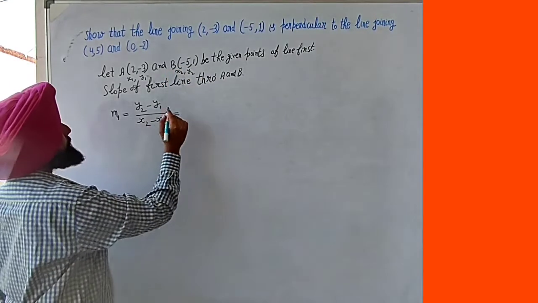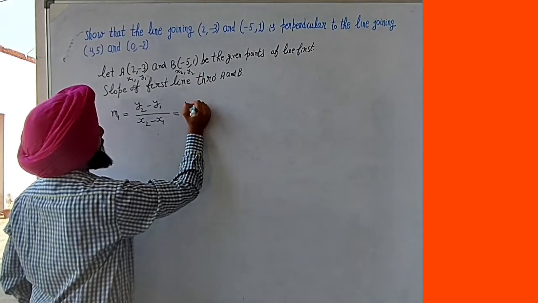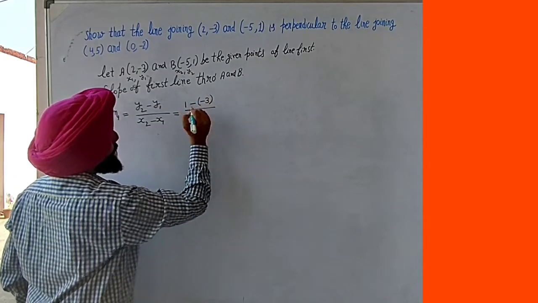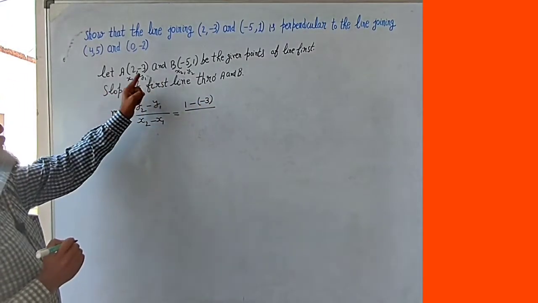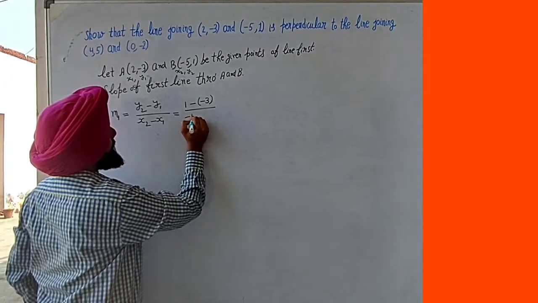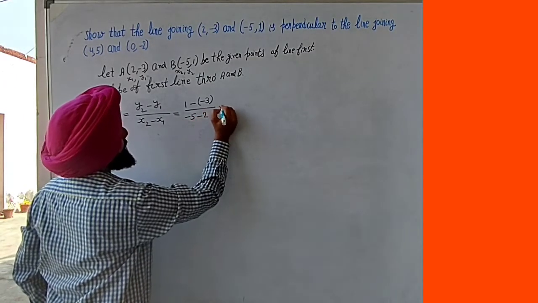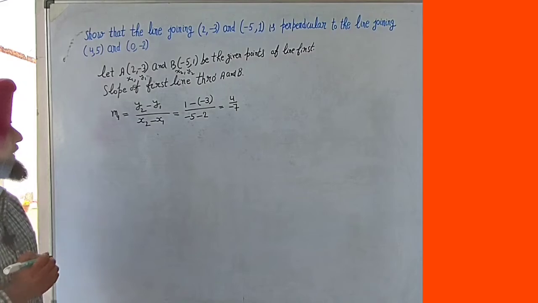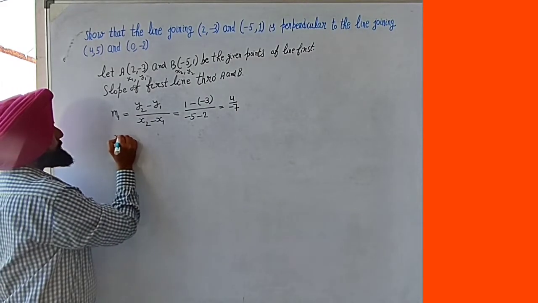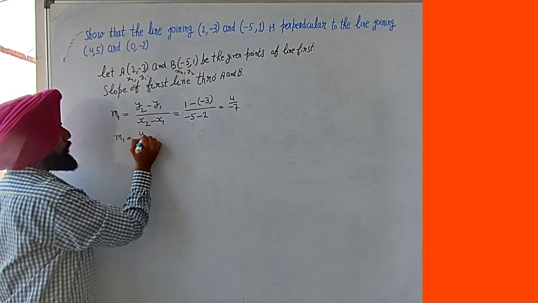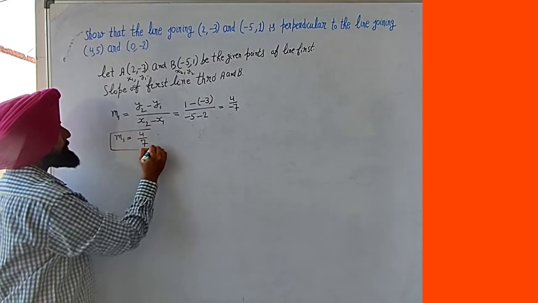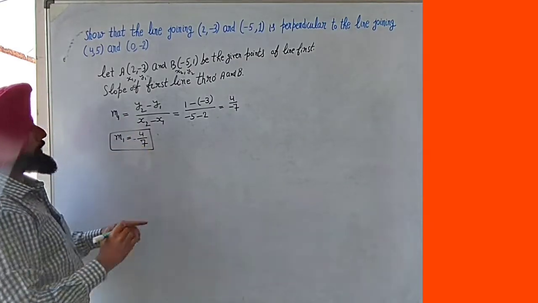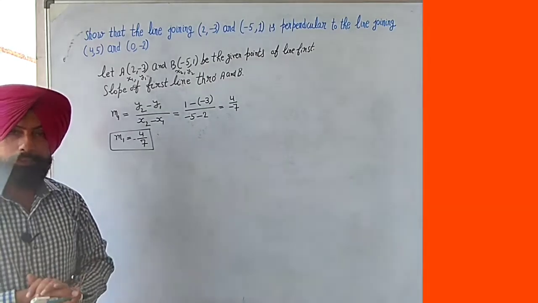So slope is y2 1 minus y1 minus 3 over x2 minus x1, minus 5 minus 2, that means 4 over minus 7. So m1 is 4 over minus 7, negative 4 over 7.